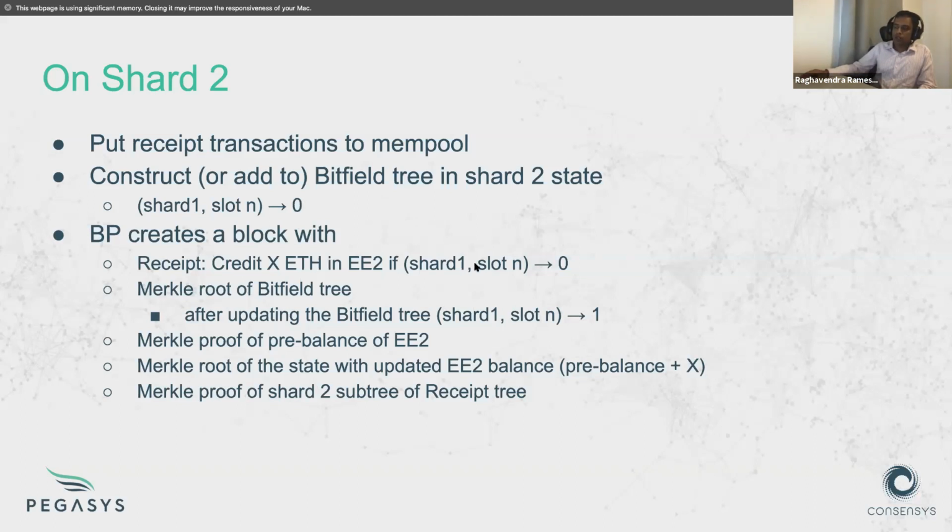It will also include the Merkle proof of the receipt tree from the source shard, just to say that this receipt was processed in this slot. So finally, this slot on the shard2 happens. The application has to wait for the next beacon block, which includes the crosslink for this shard2.